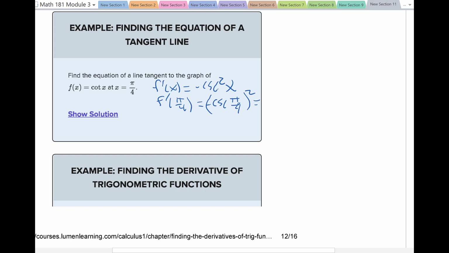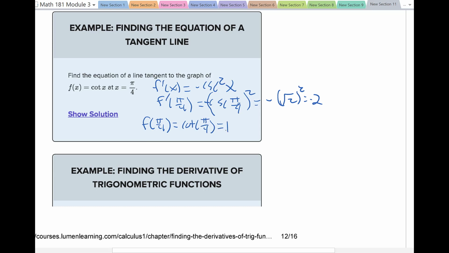The squared applies before this negative is applied. So it ends up being negative square root of 2 squared. So I get 2 out of that. Negative 2. The other thing we need is at pi over 4, f of pi over 4 is cotangent of pi over 4, which is 1.